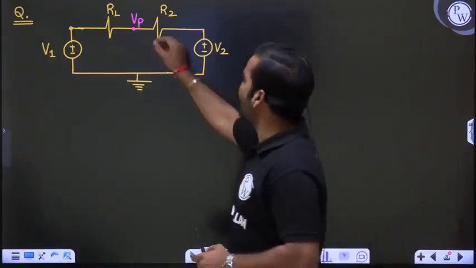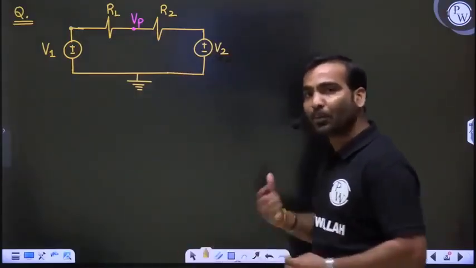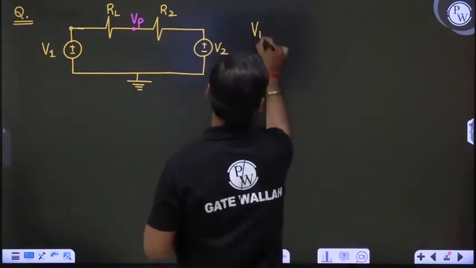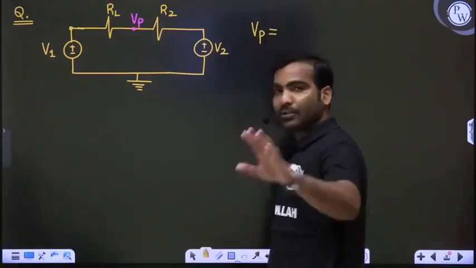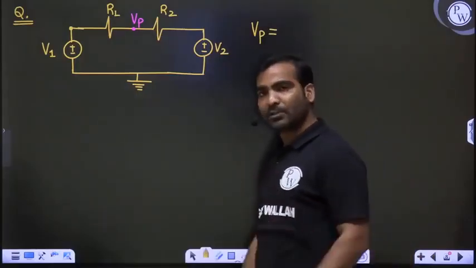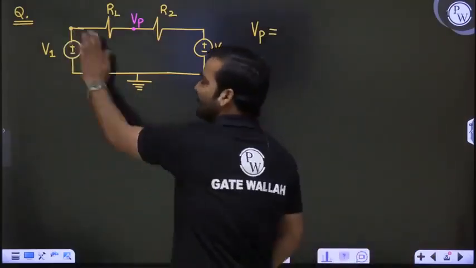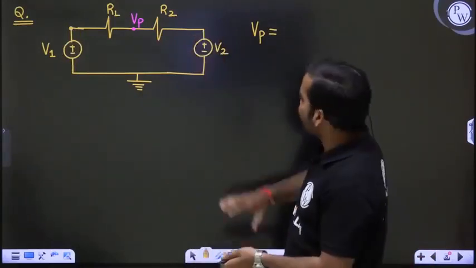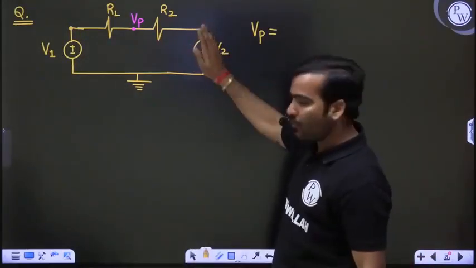What is this node voltage Vp? No doubt we are using superposition. What does superposition say? V1 is acting alone and V2 is switched off. When V2 is switched off, it is short circuited, that is ground.